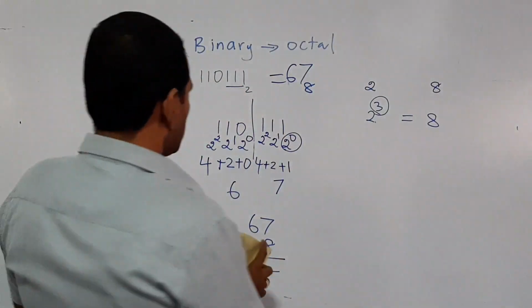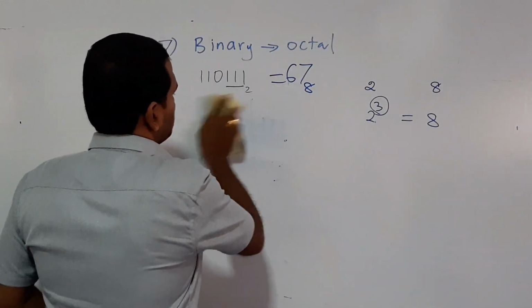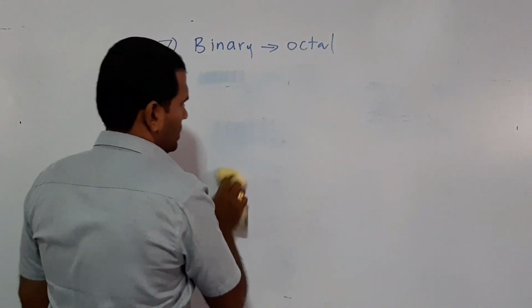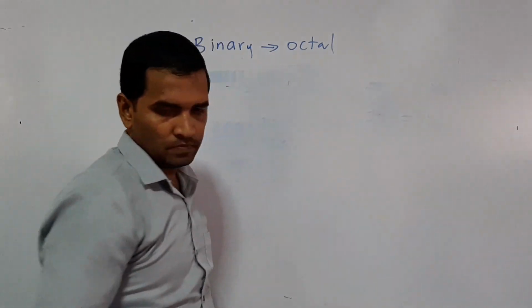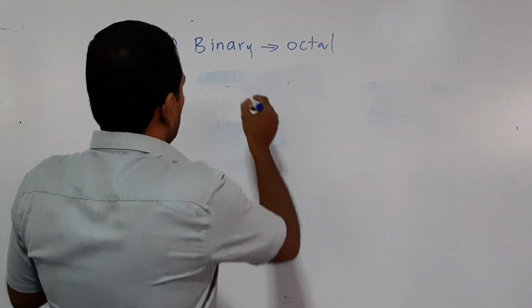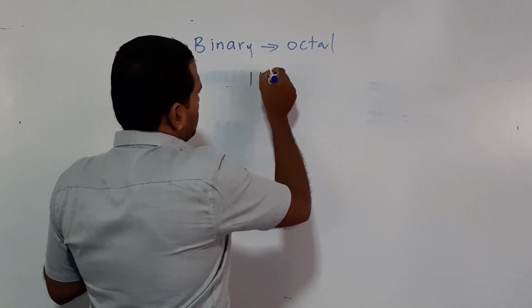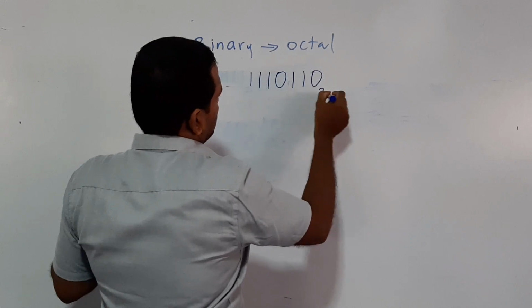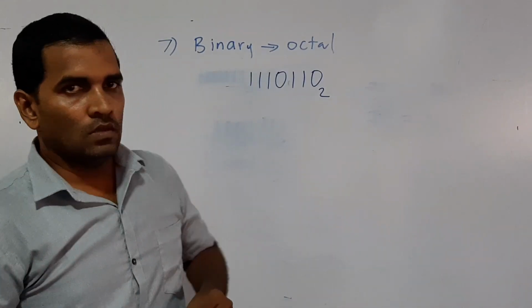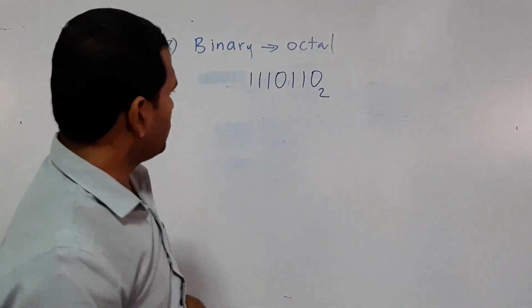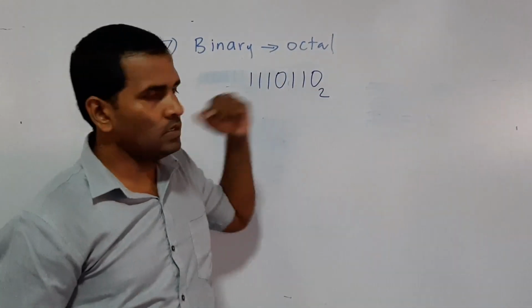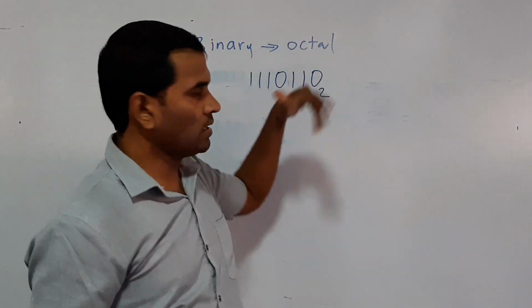So let's take one more example. Look here, I have 1, 1, 1, 0, 1, 1, 0, base 2. Look at this, you have 7 digits here. The question is the same, converting this binary into octal.